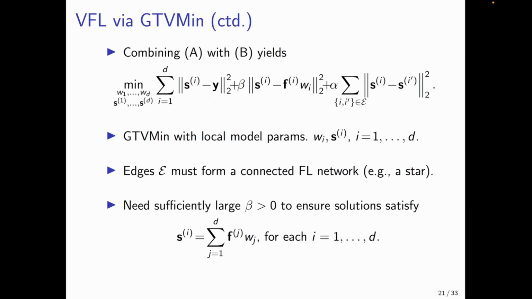So at least when each node in vertical federated learning has access to the labels, you can train a linear model in a distributed fashion by solving a GTV minimization problem.